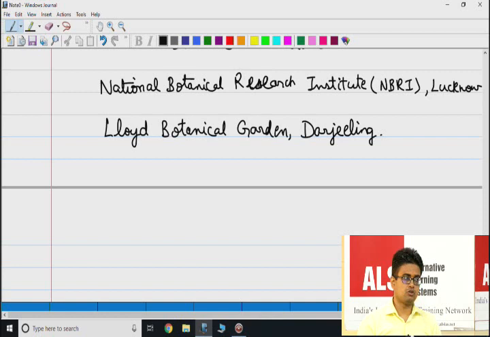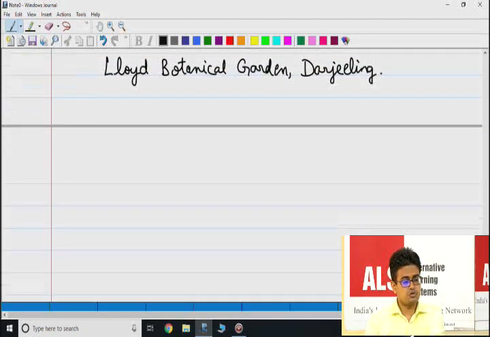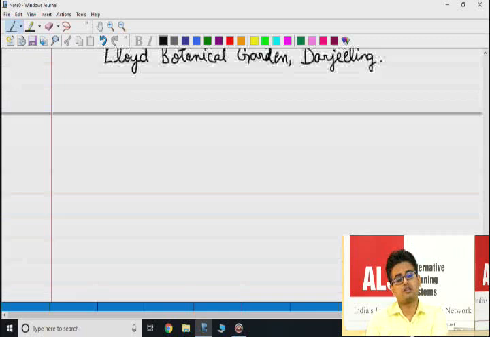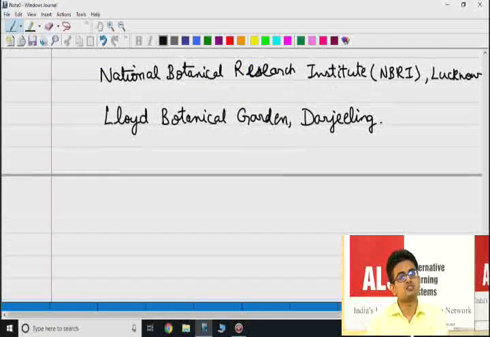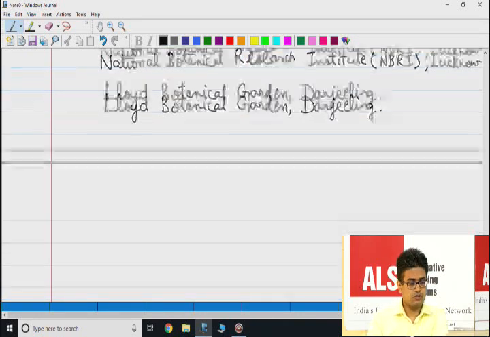Actually, there is not any other sanctuary which can be called purely a butterfly sanctuary. But Kemjing Langjao Botanical Park or sanctuary is such type, and it's also a floating sanctuary or botanical garden. But there are some issues related to that, but just try to remember. In the chapter biodiversity in class 12th, you will learn about these things in detail. What's a sanctuary, what's a botanical garden, what's a national park, things like this, okay?